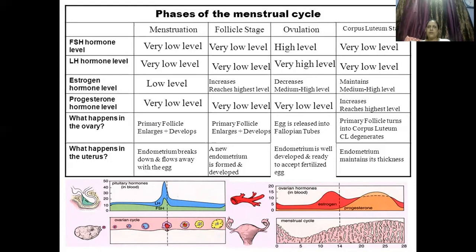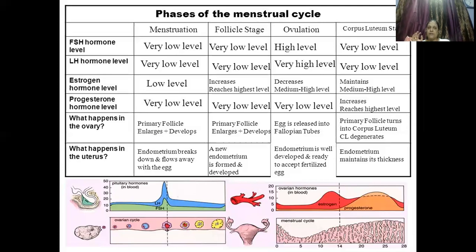When the menstrual cycle is there, the follicle stimulating hormone is very low. But after the menstrual cycle, it has to release an egg. So the follicle stimulating hormone is very low initially, then it will go high up. Why? Because in the ovulation period, the egg is released.